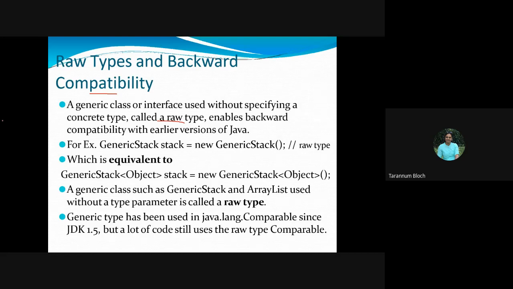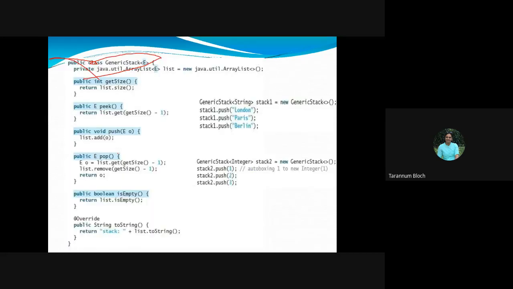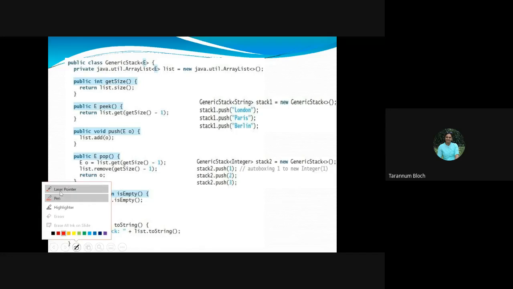For example, you see here the same class. This is our class, generic stack. What we did in the generic stack is, we specified that it is a string here. This is a generic class.